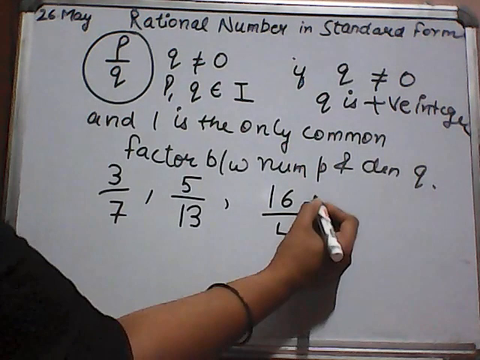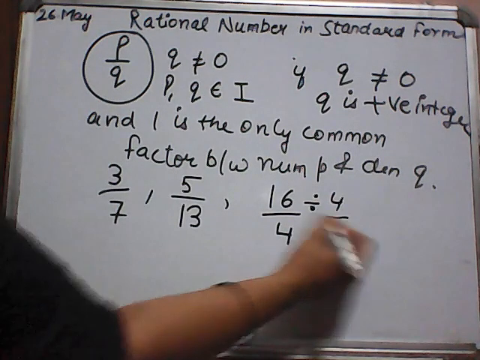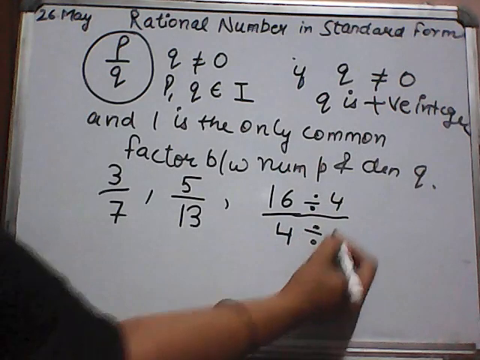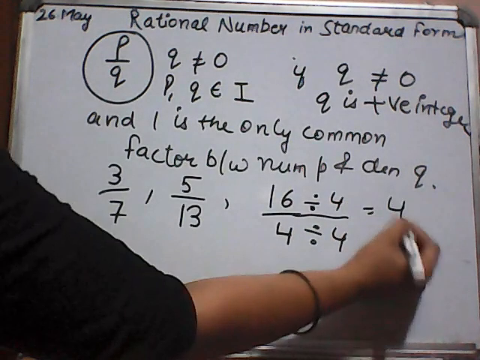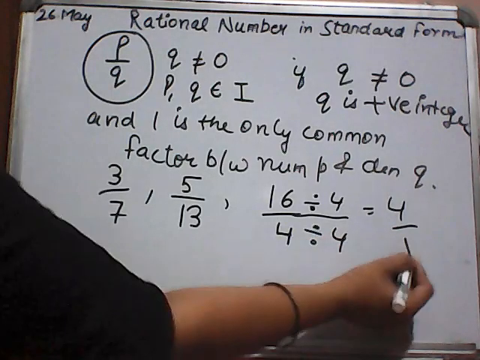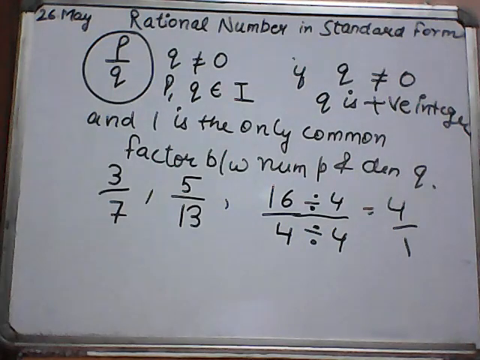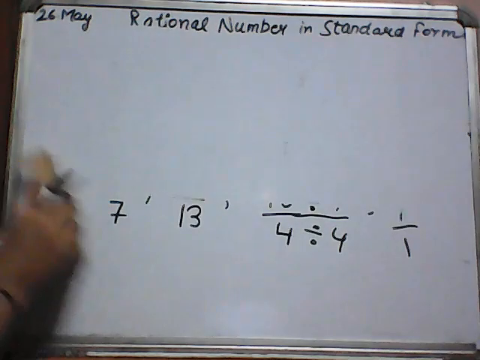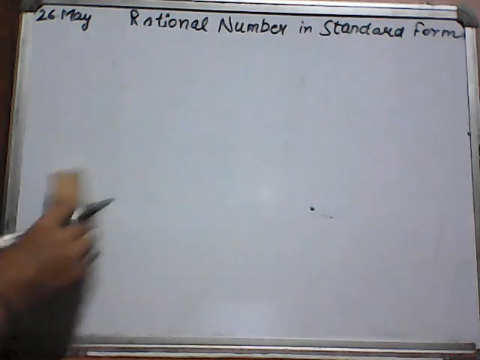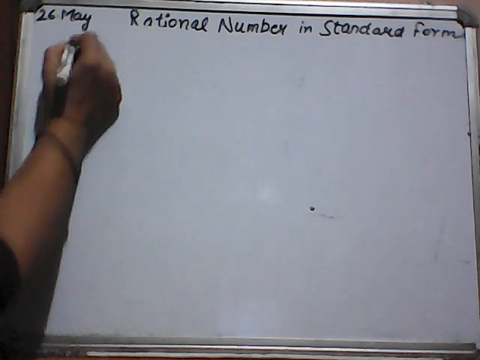If we divide 16 by 4 and the denominator 4 by 4, we get 4 divided by 1, which is in standard form as there is only one common factor between 4 and 1. If a number is not in standard form, then you can reduce it into standard form.